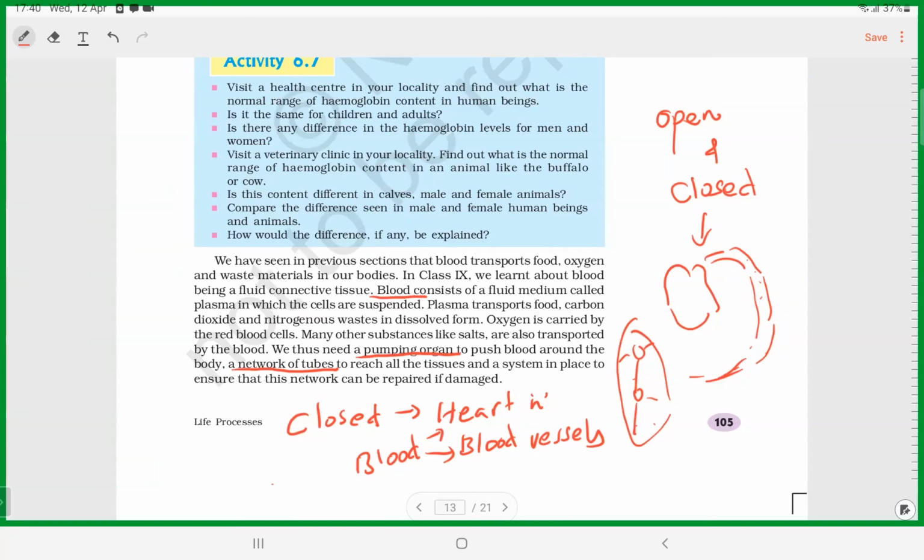How can you define blood? It is a fluid connective tissue. Why is it called fluid connective tissue? It looks liquid, right? What is the difference between a liquid and a fluid?